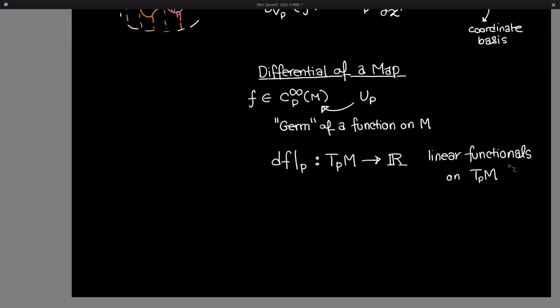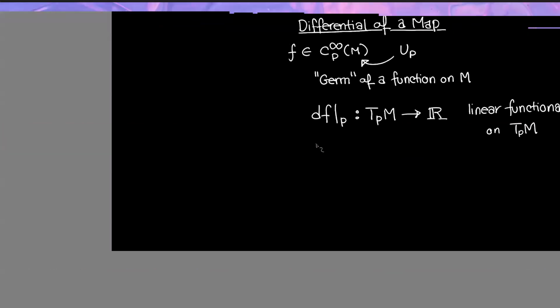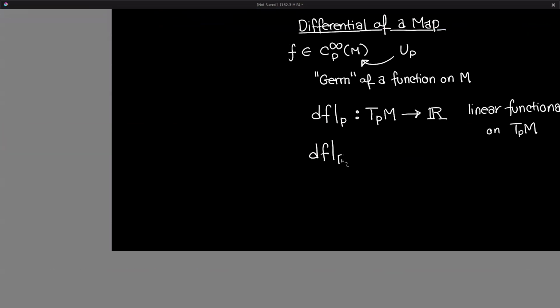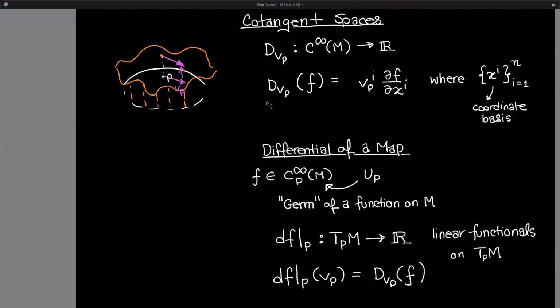Later on, these are going to become complex linear functionals, but for now, they're real linear functionals. And the way we define this is that v_p is an element of T_P M, so then this is equal to the directional derivative in the direction v_p of f. We're literally just using what we have over here in order to derive this.